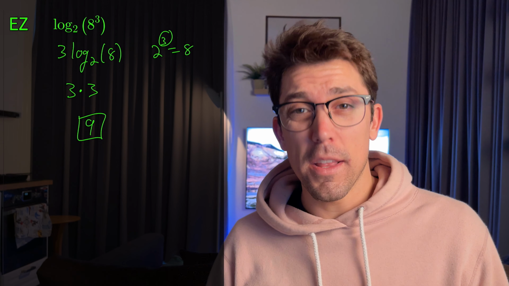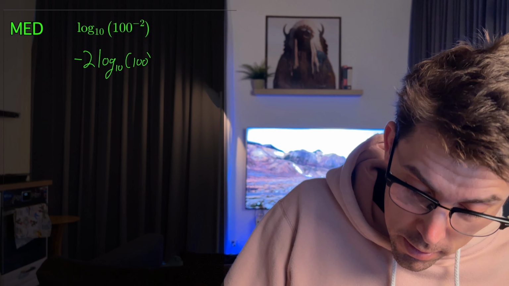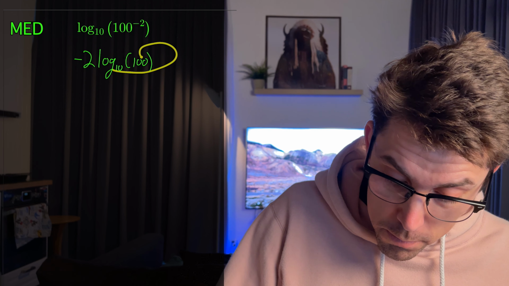So let's take a look at one that's a little bit more difficult. Let's say I have log base 10 of 100 to the power of negative 2. Again, I'm going to take this negative 2 and kick it out as a coefficient. So I'll have negative 2 log base 10 of 100. Again, same thing, that little loop-de-loop thing.